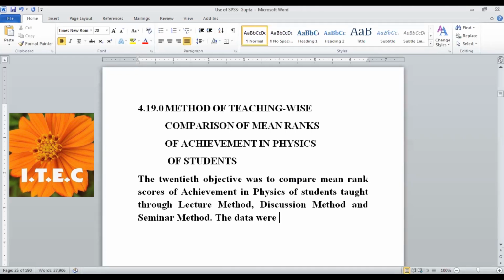The data were analyzed with the help of Friedman one way ANOVA by ranks.